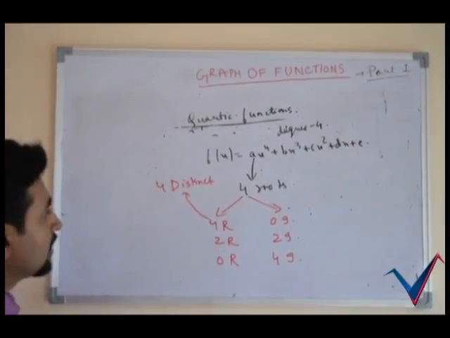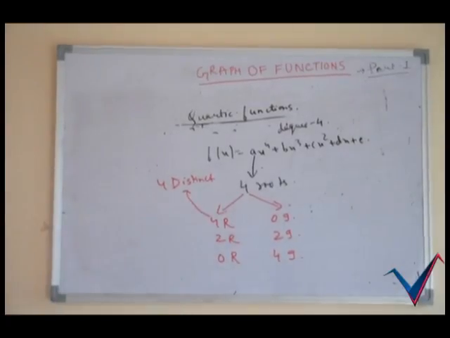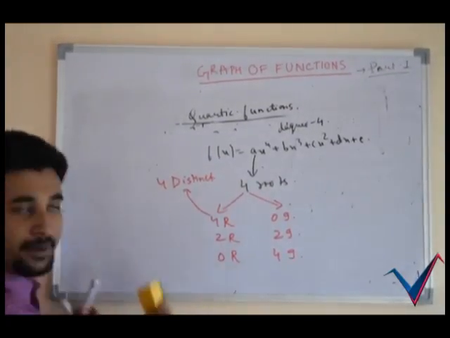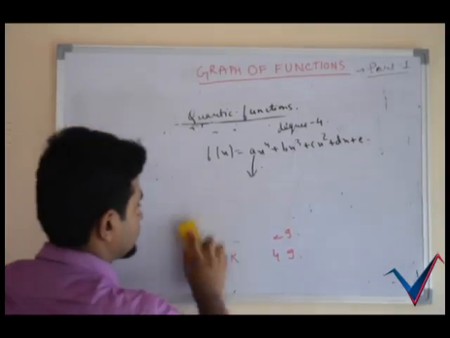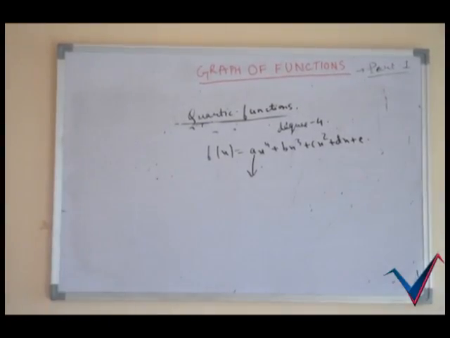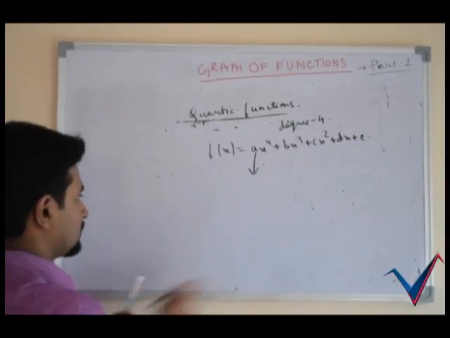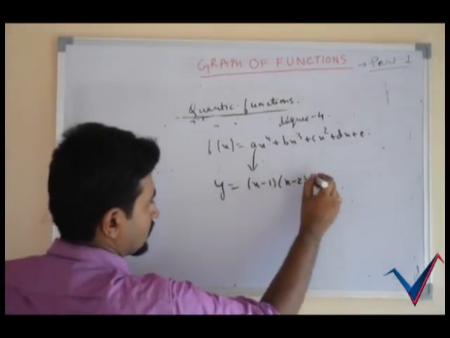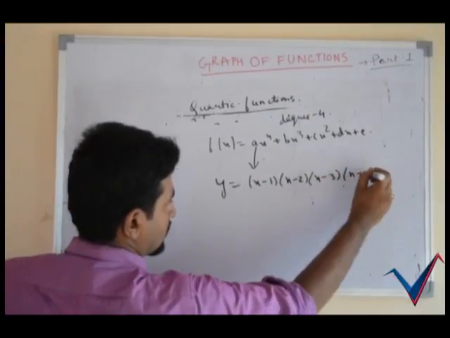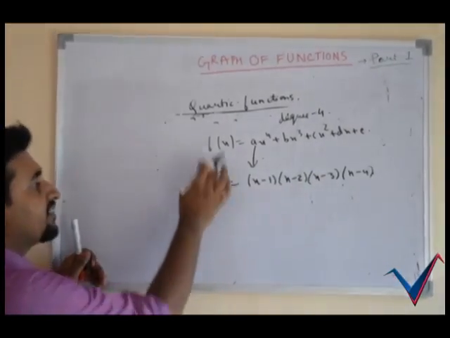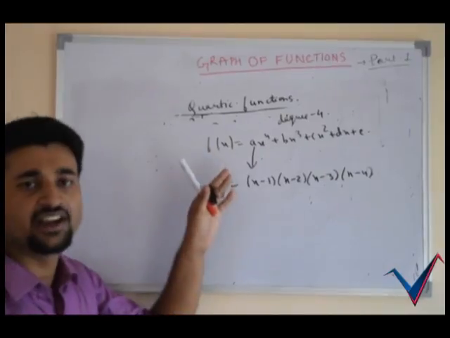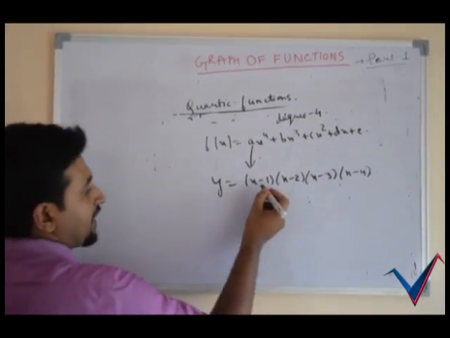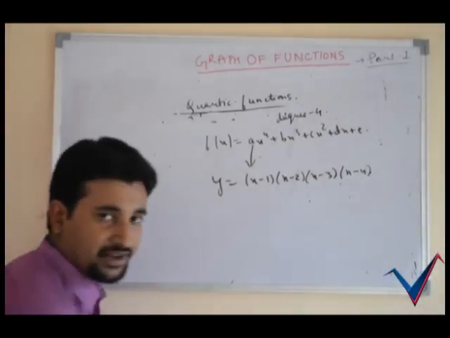Suppose you take this example. Sometimes I am writing y, sometimes I am writing f(x). That is the same only. f(x) means the value of y only. So (x minus 1)(x minus 2)(x minus 3)(x minus 4).